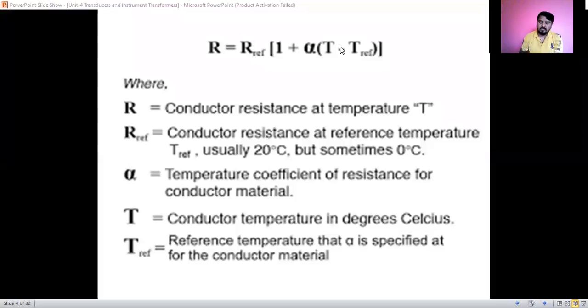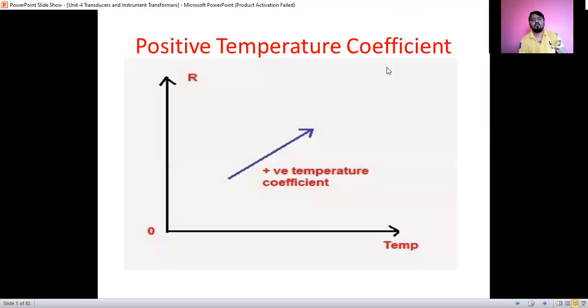So for the alloys, how will the temperature change? Alloys and metals: any metal part you touch, the current will flow through it. How it depends, we are going to call. So the resistance temperature coefficient is of 2 types: positive temperature coefficient and negative temperature coefficient.